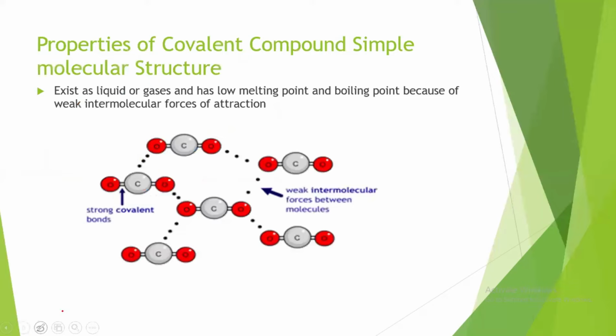So let's move further and discuss the properties of covalent compounds which have a simple molecular structure. They exist as liquids or gases, and they have low melting and boiling points because of weak intermolecular force of attraction. So what is a weak intermolecular force of attraction? For example, this is carbon dioxide, CO2. It is a molecule, and there is another molecule of carbon dioxide.